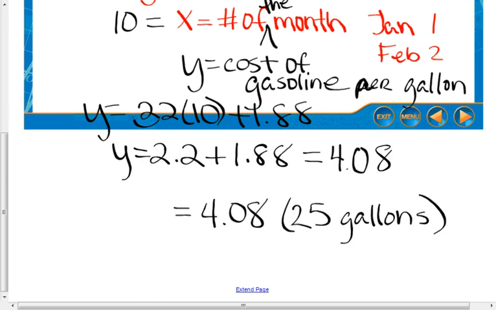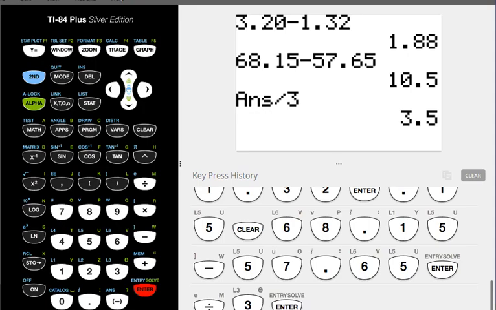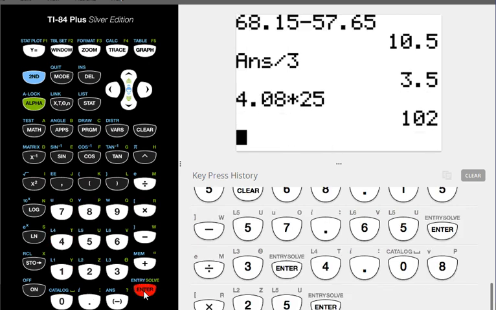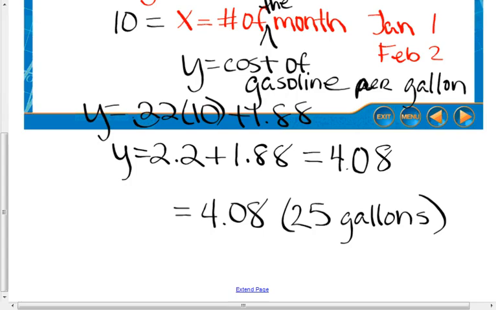I'm going to go to my calculator so I don't mess up: 4.08 times 25 is $102. So when they ask, is $100 enough? No, he was a little bit short, right?